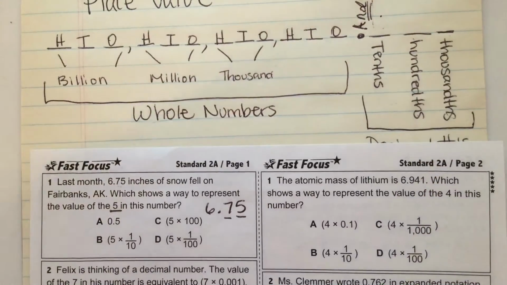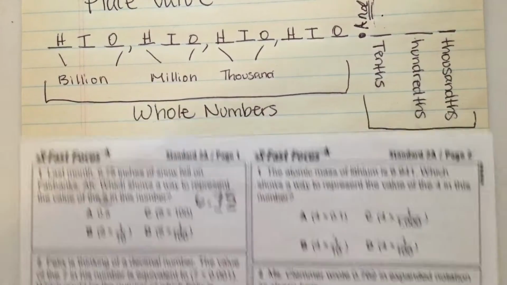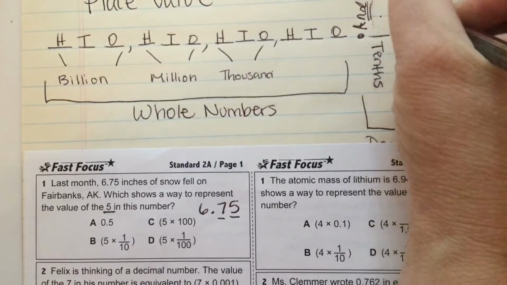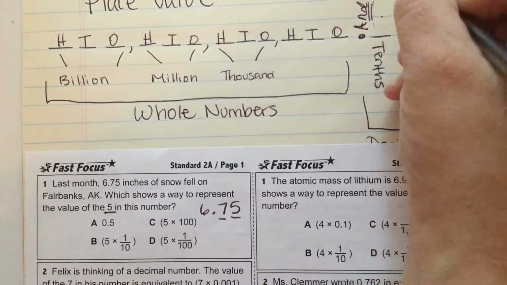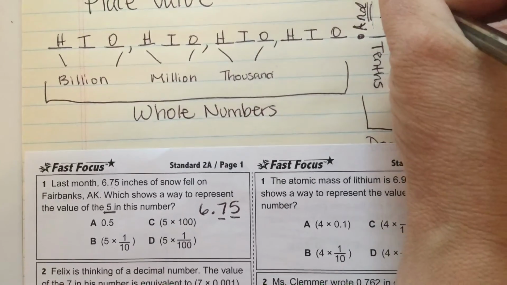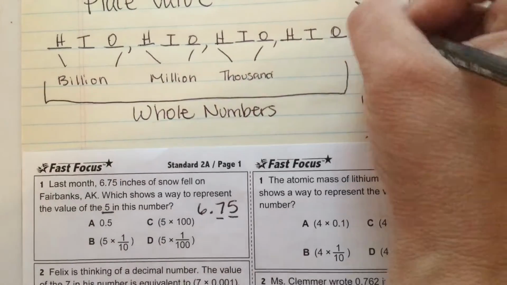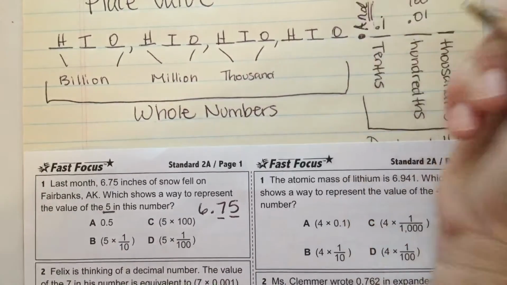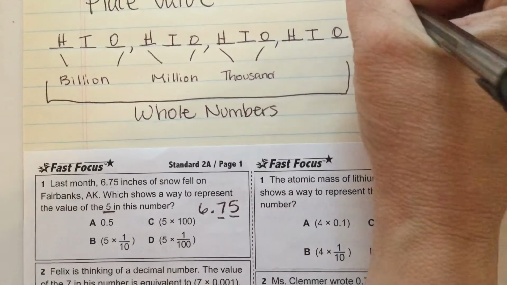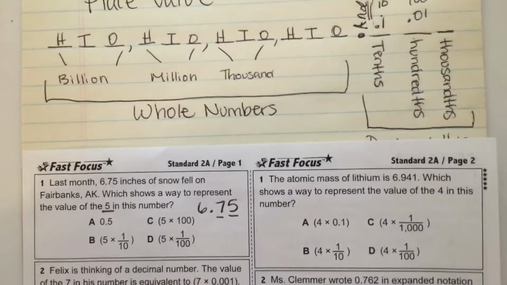Hundredths is represented in two ways. It could be 0.01 or 1 over 100. Tenths is either 0.1 or 1 over 10.